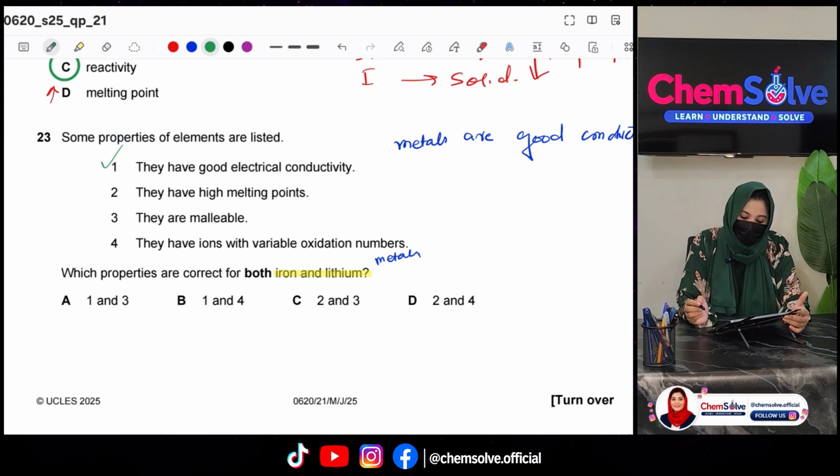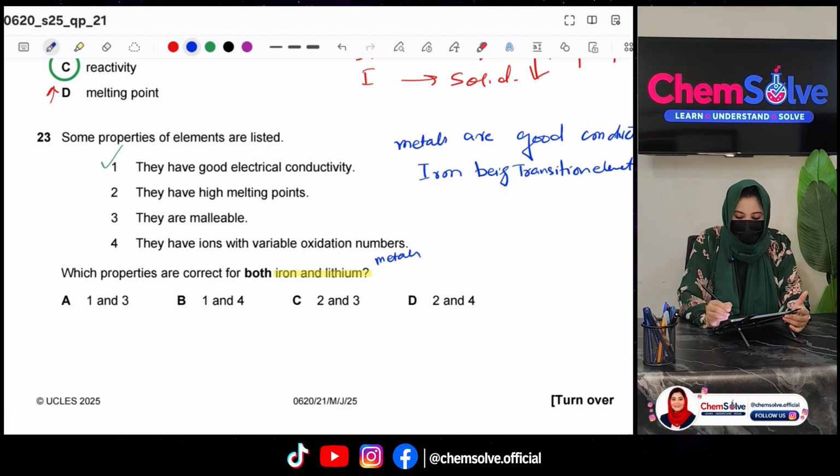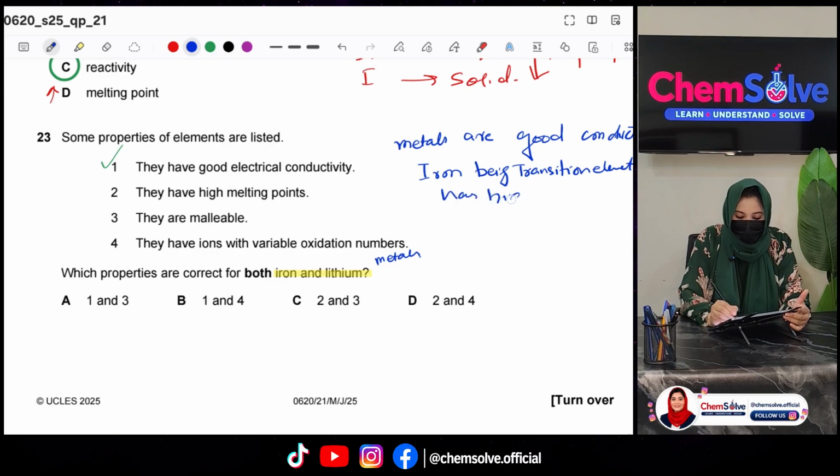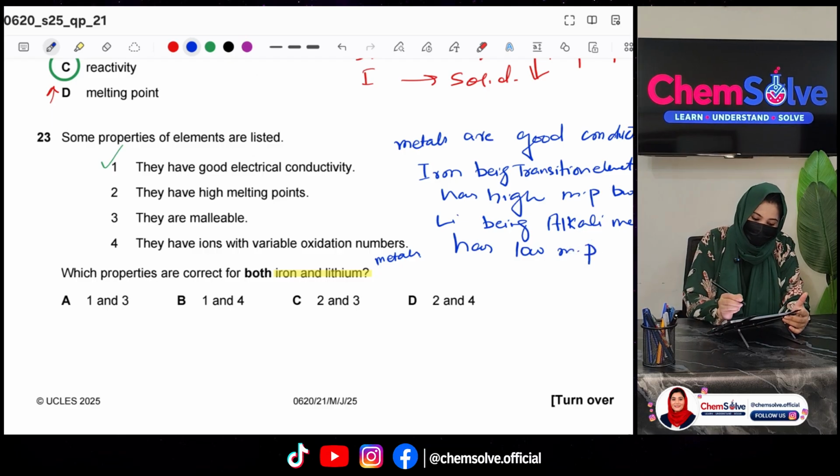They have high melting and boiling points. Iron, being a transition element, has a high melting point, but lithium, being an alkali metal, has a low melting point.